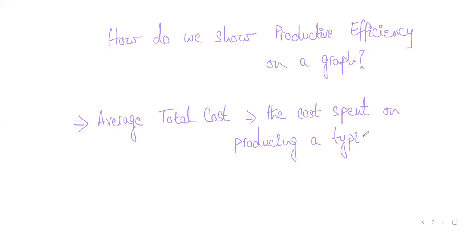Now, the way we calculate average total cost is by dividing the total cost by the number of units produced. Absolutely perfect. ATC is the short form of average total cost.